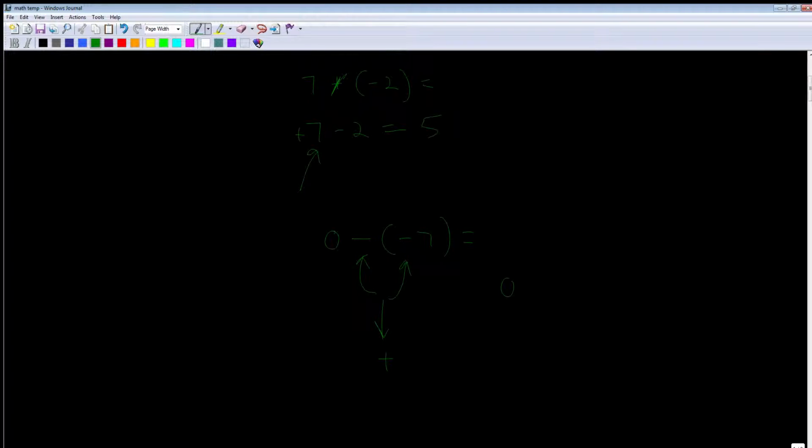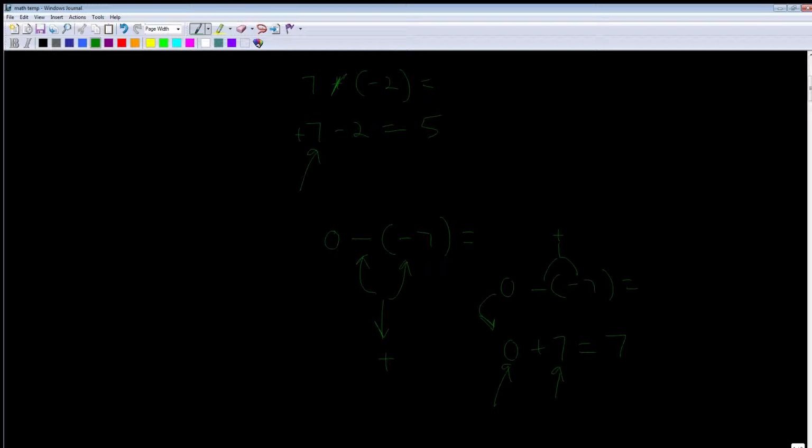So if we have 0 minus negative 7, we are going to rewrite this as 0 plus 7 equals 7. Which is greater? 7.